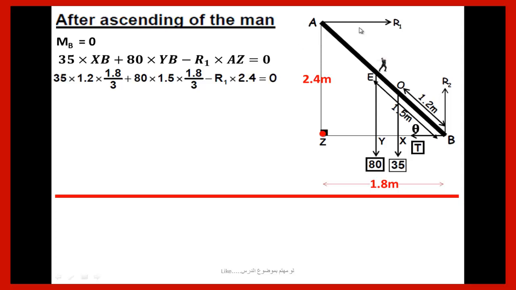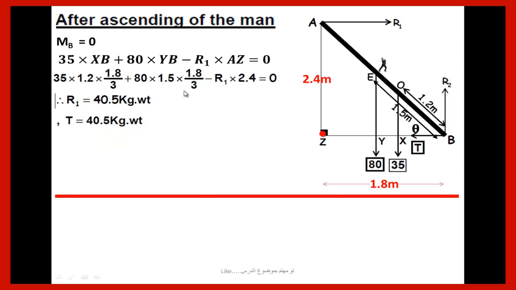Because the direction of rotation of the moment of R1 will be clockwise, so it will be negative. So it will be negative R1 multiply 2.4. By simplifying and calculating, we can deduce that R1 equals 40.5 kilogram weight.